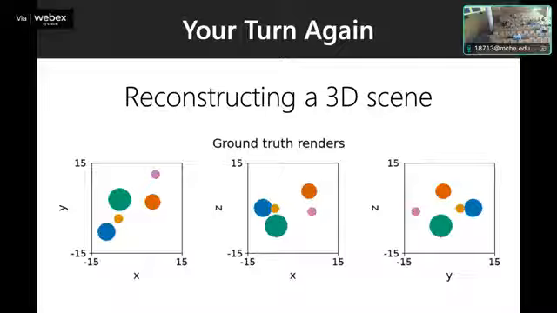Okay, and it's not necessarily trivial to have that in a real world setting, but we know that this circle in the XY projection, the green circle, corresponds to the green circle in the XZ projection, which gives us a ton of information, okay, and we want to use this.